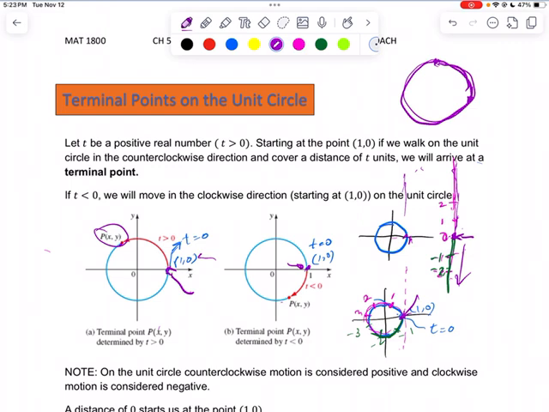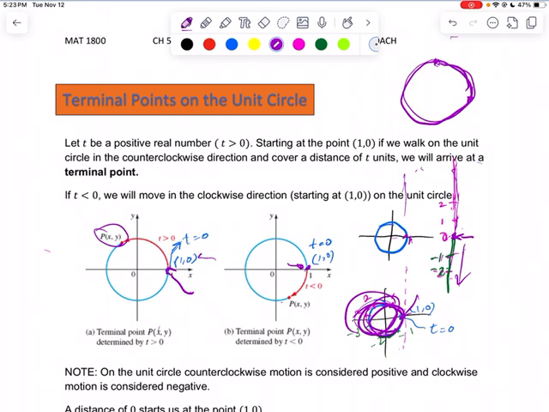Now the positive numbers: think of it as a flexible line. Wrap it around the circle in this direction with the positive number line. So you keep wrapping. Can you see we are traveling through the same point many times.